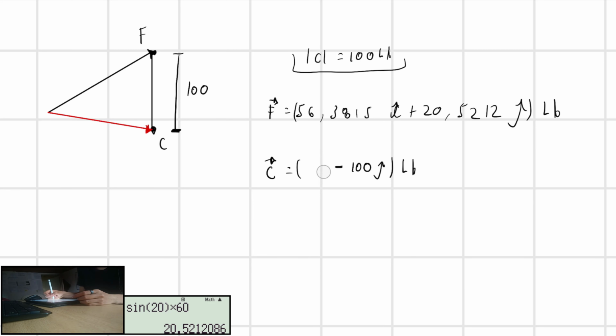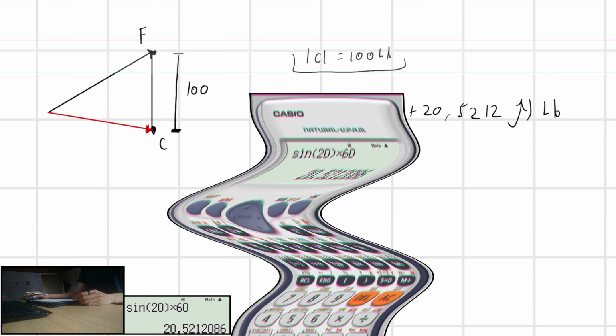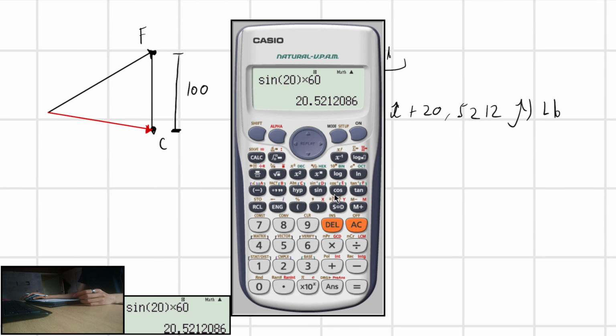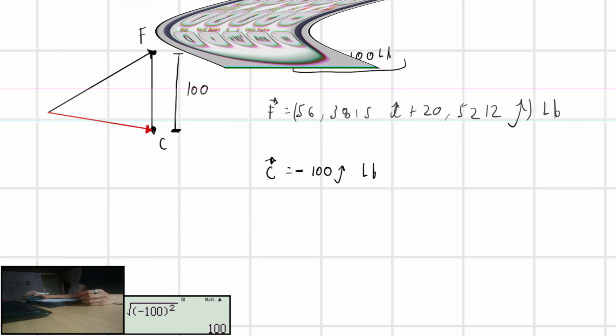This means that I do not have any component along the x direction, so I should get rid of it, for me to not be confused and not to confuse you. The square root of minus 100 squared is equal to 100.